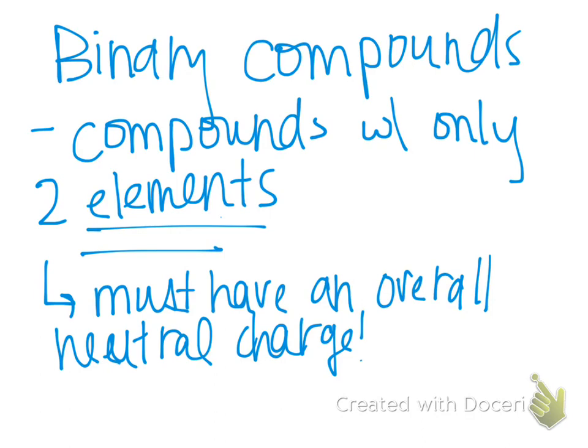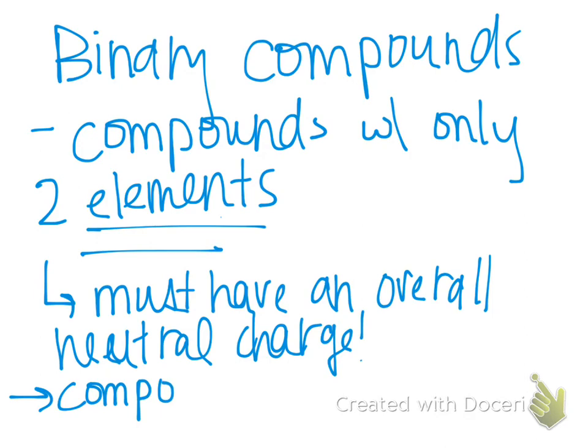So when we start combining these elements into a compound, we've got to make sure that overall the compound is neutral. The charges from one element balance out the charges from another element. So would we ever combine, in a binary compound, 2 elements with a negative charge? No. A binary compound is composed of a cation and an anion. So you might want to write that down too.